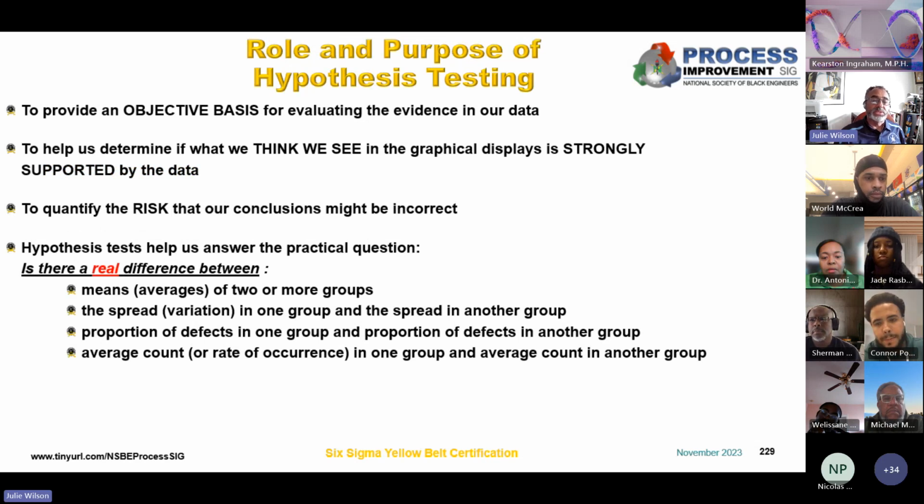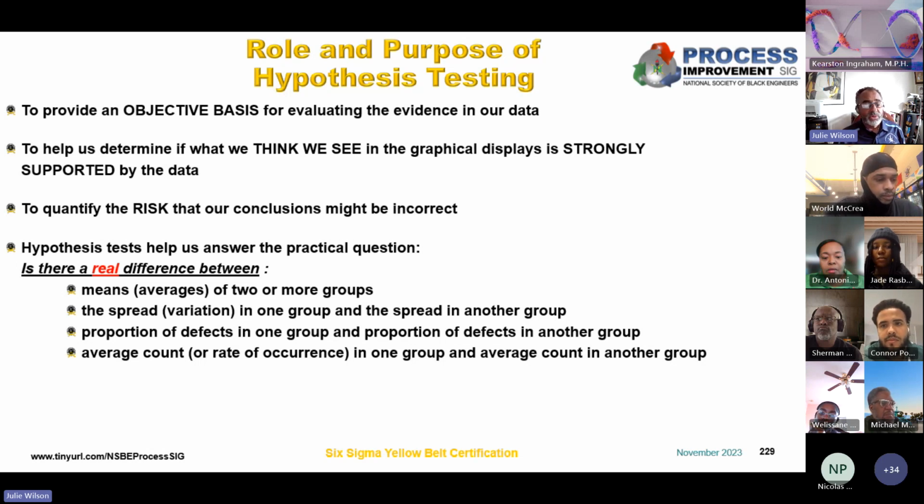The purpose is to provide an objective basis for evaluating the evidence in our data. Objective versus subjective: subjective is opinions, objective means by data. It's to help us determine if what we think we see in the graphical display is strongly supported by the data, and to help us quantify the risk that our conclusion might be incorrect.